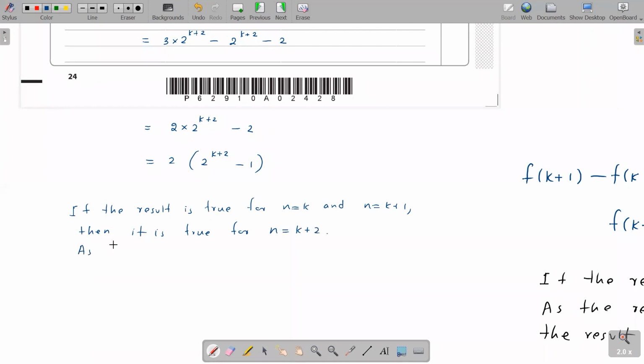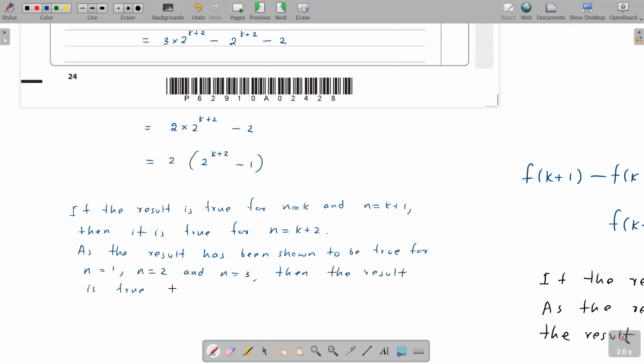And then you can say, as the result has been shown to be true for n equals 1, n equals 2 and n equals 3, then the result is true for all n element of positive integers.